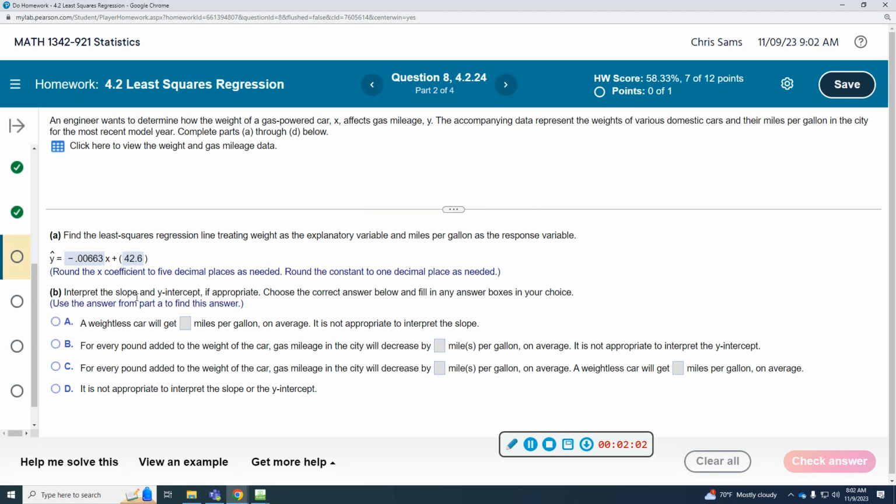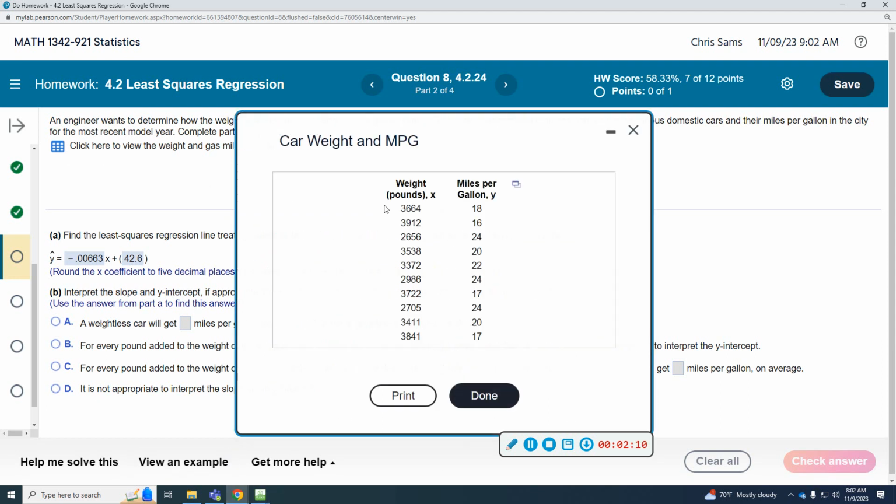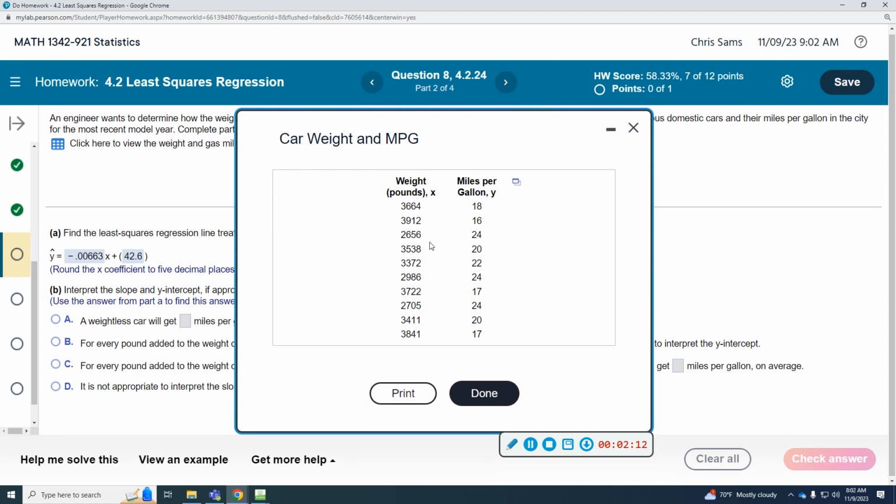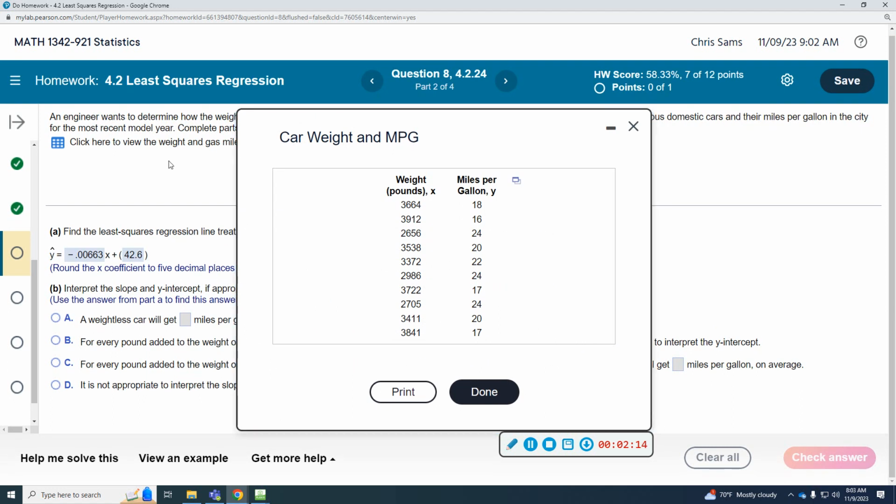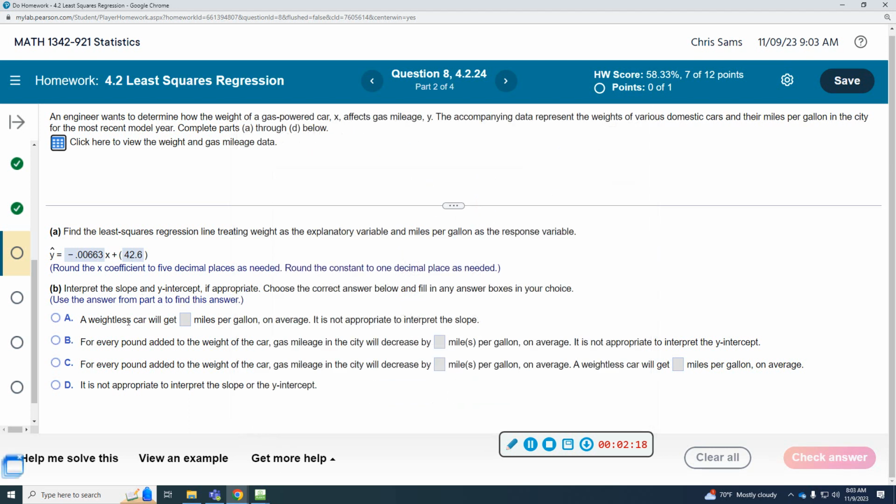All right, B wants us to interpret the slope and y-intercept if appropriate. So let's look at this data again. A says a weightless car will get blank miles per gallon on average. It's not appropriate to interpret the slope.